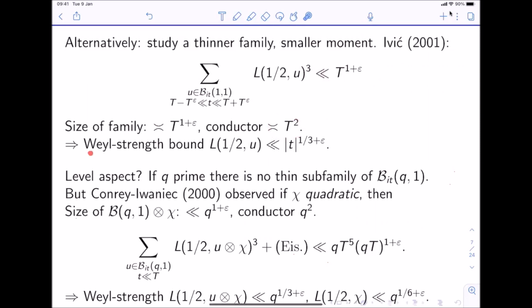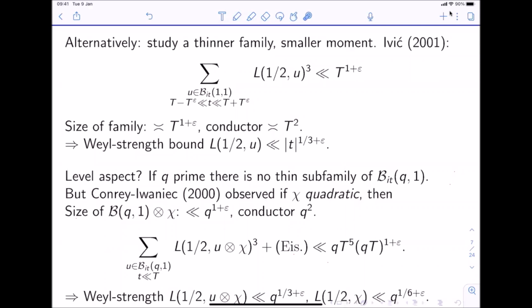So this actually leads to a Weil strength bound, so that the barrier moment here would be the 2nd moment, and Ivić could go a whole power above the barrier moment and actually prove the Weil bound in the spectral aspect, in the eigenvalue aspect, for these L-functions.